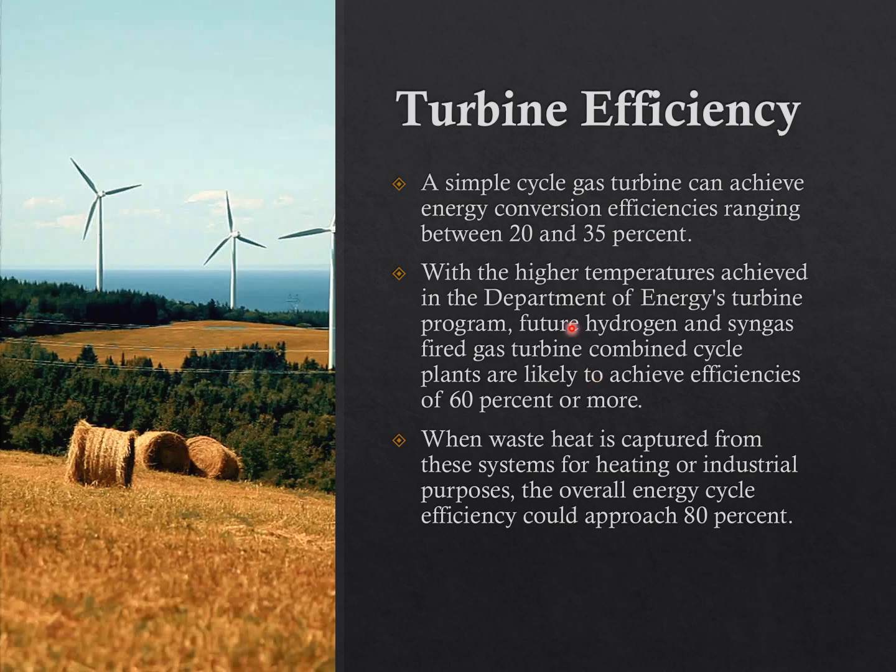It's kind of like heat recycling right here, and that's your turbine efficiency. Smaller system 20 to 30, combined system you got 60, and for heating and industry, if you calculate all of that overall, both of these are going to give you about 80%, relatively.